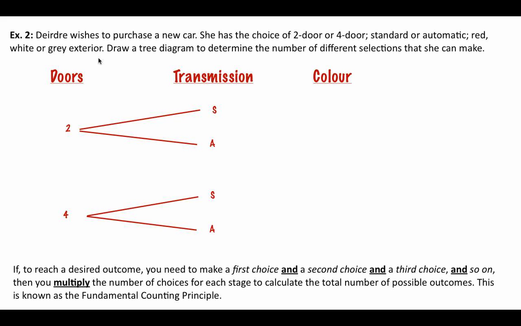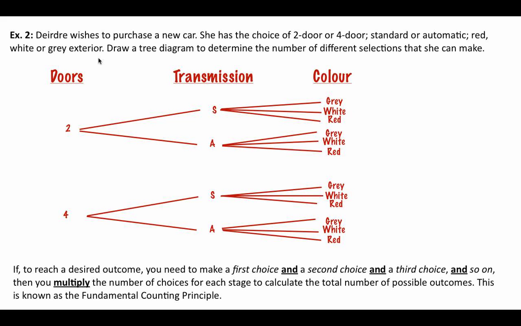Then when we look at color, if we choose a 2-door with a standard transmission, we've got the choice of gray, white, or red as our exterior color. We have the same color choices for all of the other branches.